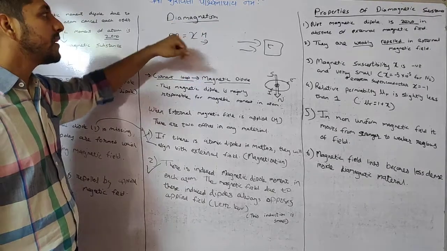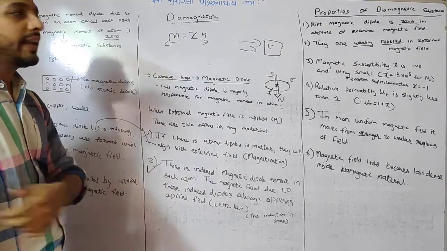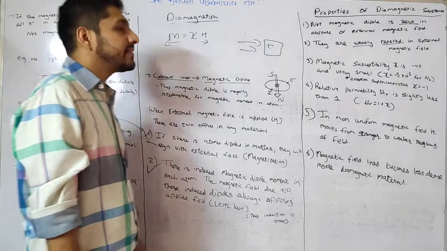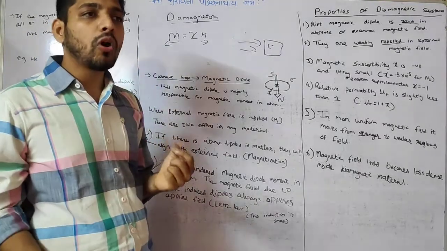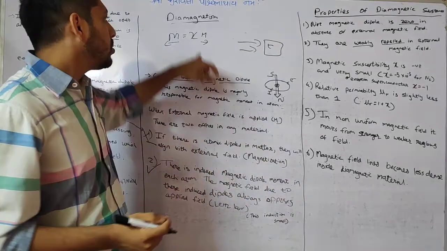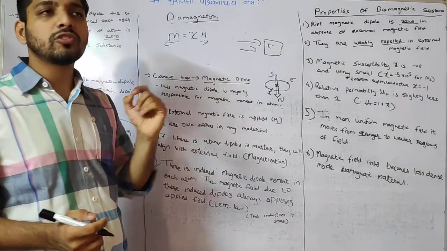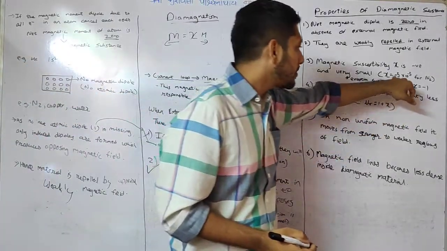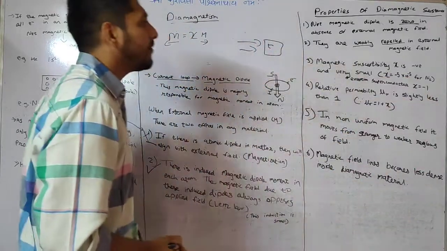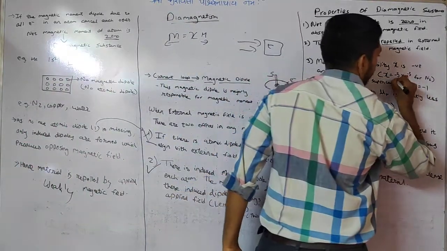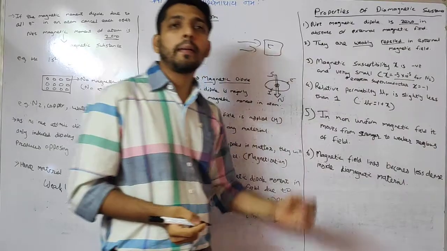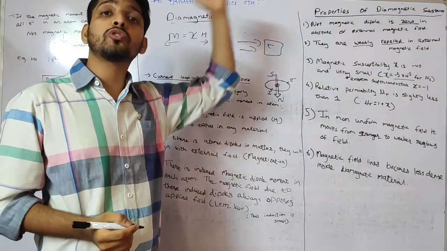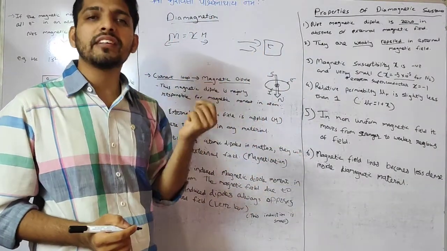That is one thing. And second, it is very weakly repelled, so the value of chi is very small. For example, for N2, the value of chi is minus 5 into 10 raised to minus 5, which means it is very, very small.